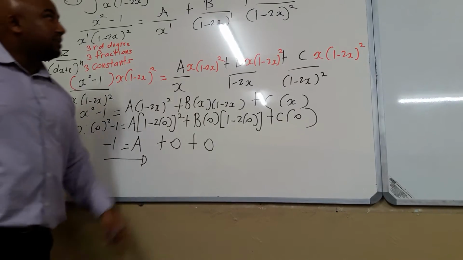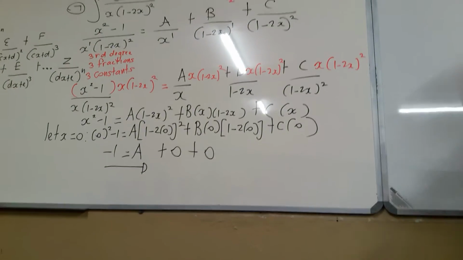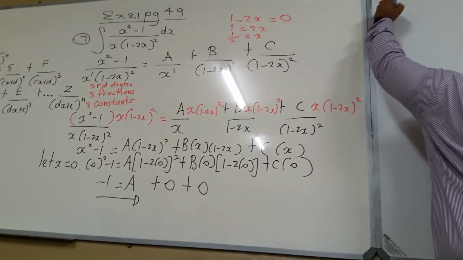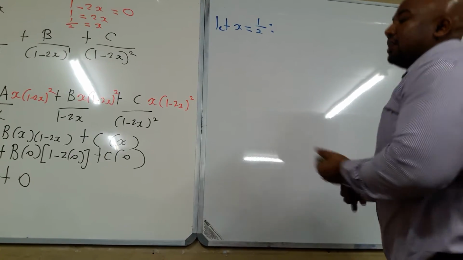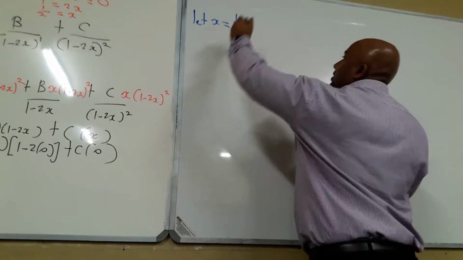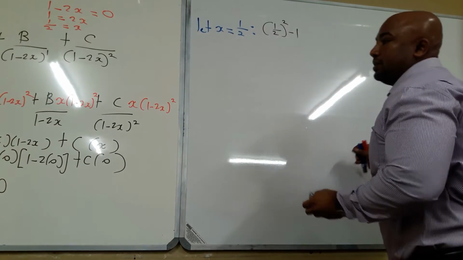So what is the next value that we chose? Minus 1 over 2. Right, so let x equal 1 over 2. On the left hand side, wherever I see x, I will substitute 1 over 2. So that will be 1 over 2 all squared minus 1.